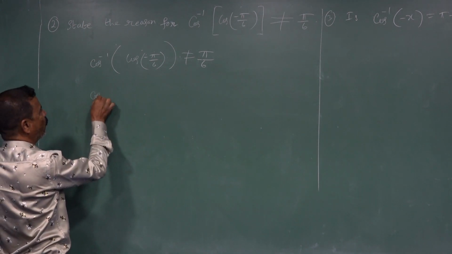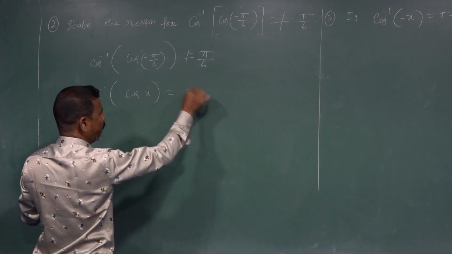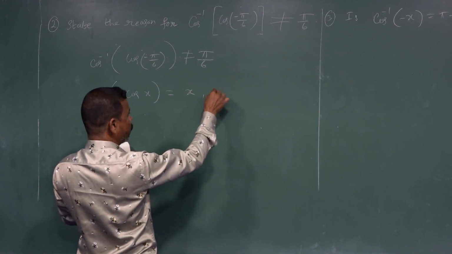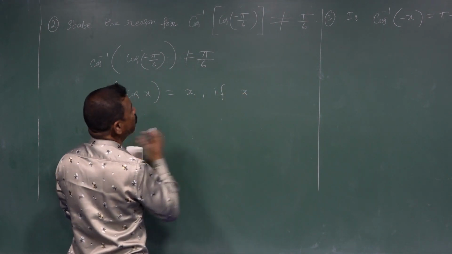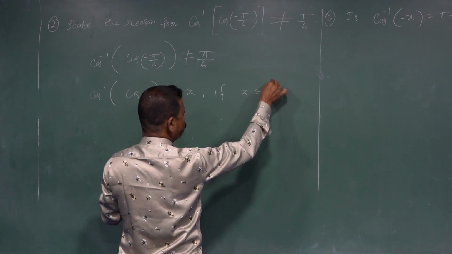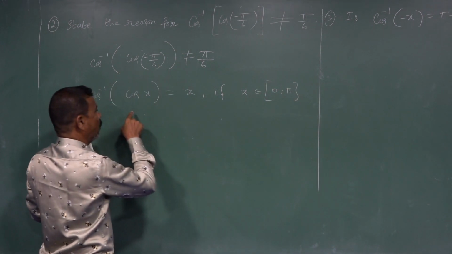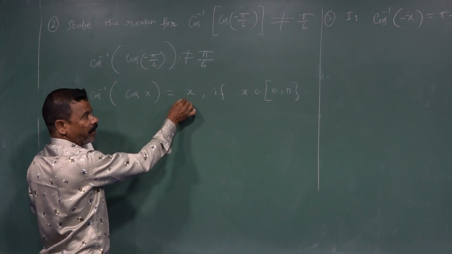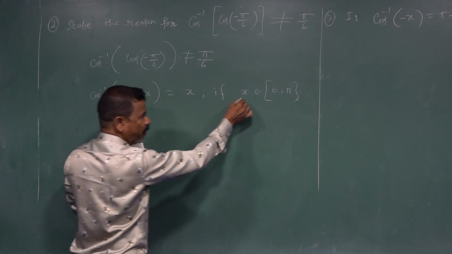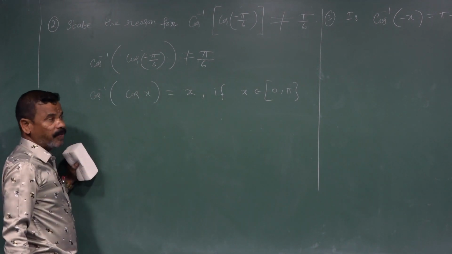According to the formula, cos inverse of cos x is equal to x, with one condition: if x belongs to 0 to π. Only then does cos inverse of cos x equal x come, where x belongs to 0 to π, the principal value.